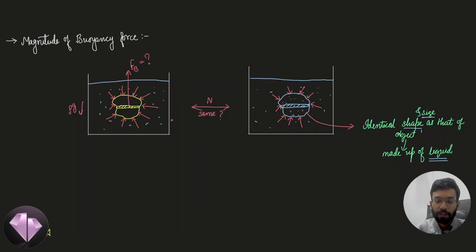The normal forces are the same because normal forces are because of the pressure gradient, and the pressure gradient is defined by the fluid, right? So this is my connecting fluid. Since force नीचे लग रहा है, so इस connecting fluid में इस point पर क्या pressure है, इस point पर क्या pressure है. The pressures at these different points on the surface of the object have nothing to do with the object itself. इसके अंदर क्या है doesn't matter. प्रेशर निकालने के लिए you just remember कि pressure gradient कैसे निकालते हैं. Difference in the pressure is difference in the heights times rho into g, right? So ये pressure सारे यहां same है, in both scenarios the pressures are the same, so all these forces are the same.